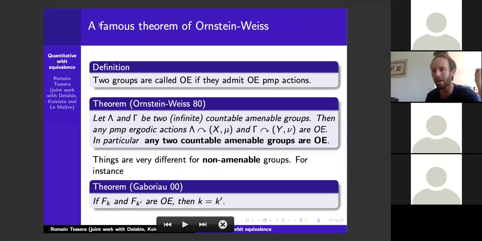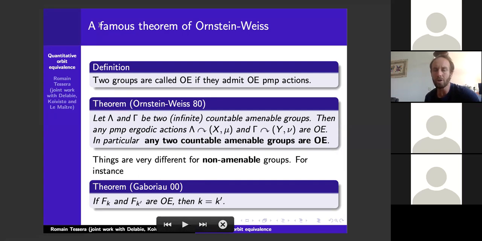It does not necessarily mean that all pairs of actions are going to be orbit equivalent, because you may have a group that has two non-orbit equivalent PMP actions, so it's a little bit weaker. But the idea is that you can relate a group and another one through actions.